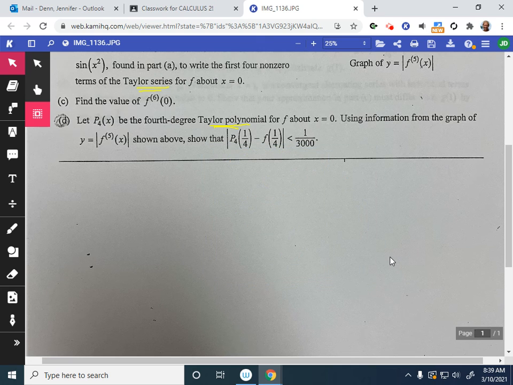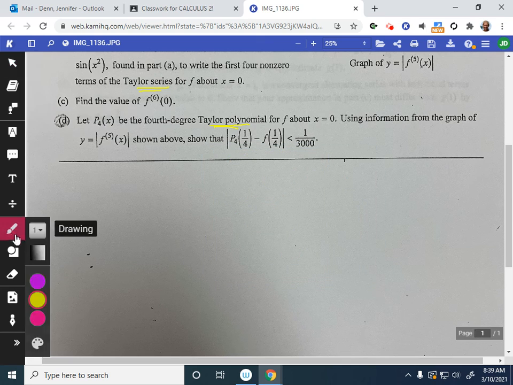Well, we have two ways to find it. One way to find error is find literally the next term in an alternating series. Usually, if we have an alternating series, you can usually just use the next term. If we're not sure, we have to use Lagrange error bound.